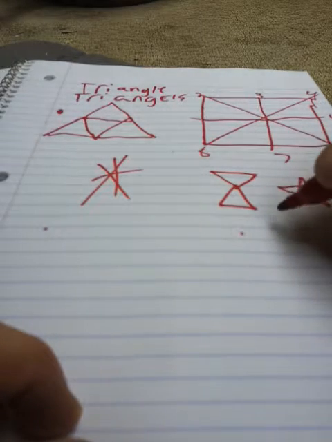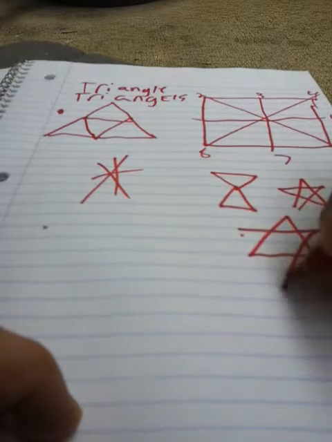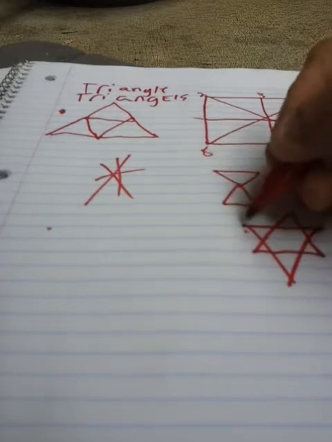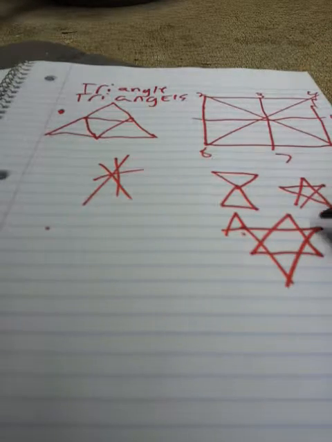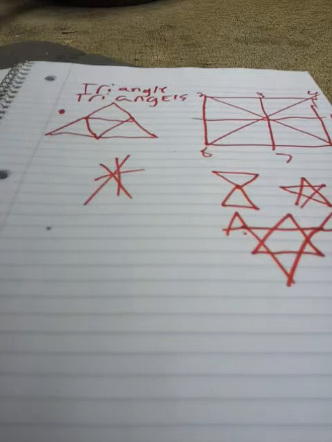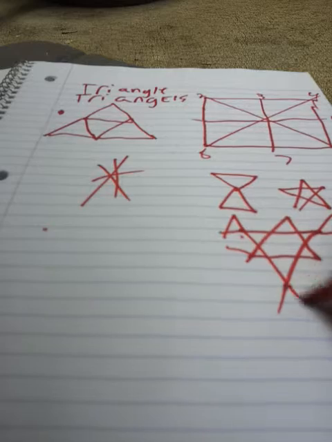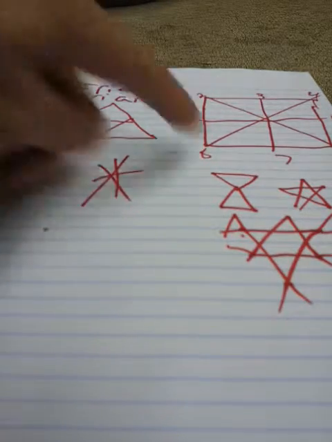I'm trying to do a Star of David. Fortunately, the only way I know how to do it is doing it like that. And so what we have here, we just created fractals. That's what we get out of this.